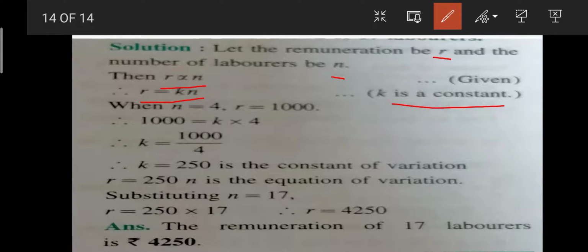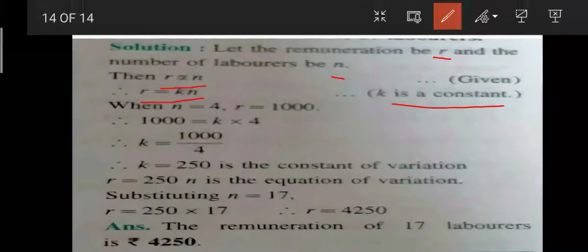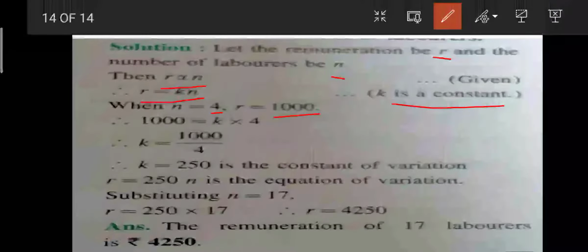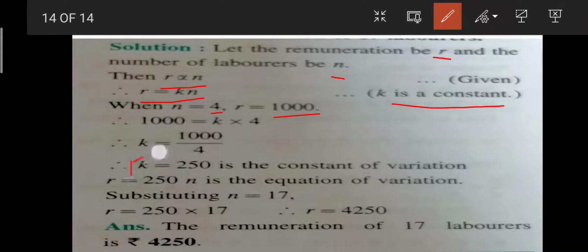Students, what is given in the brackets, that also you have to write down. When the number of laborers is 4, their payment is 1000 rupees. So we will put the values: 1000 is equal to k into 4. When we divide, we get the value of k is 250. That is the constant of variation.